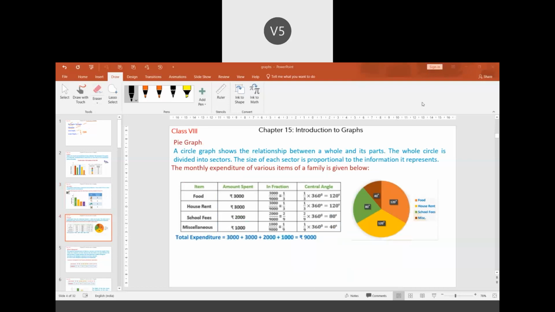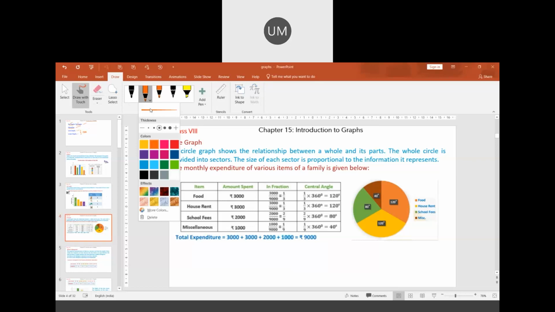This was introduced in class 7th, pie chart. Pie chart is also called a circular graph. You can read from here. It's also called a circle graph because all the entries are represented with respect to the sectors of a circle.